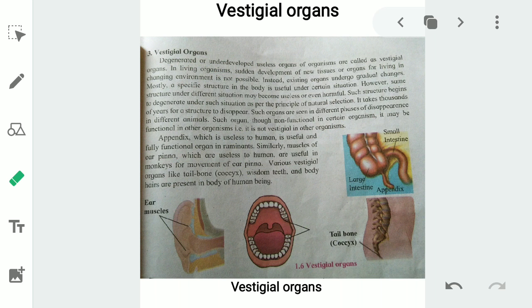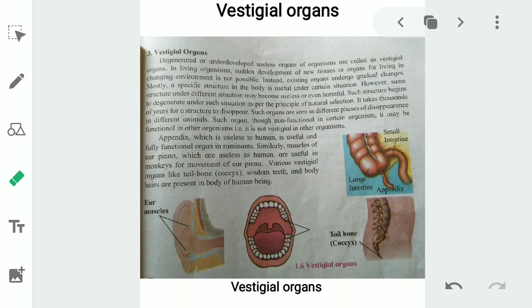It is useless, but it is very useful and fully functional in ruminants. Ruminants means buffalo, cows, ox. So the appendix is useful in ruminants, but for human beings it is a vestigial organ.